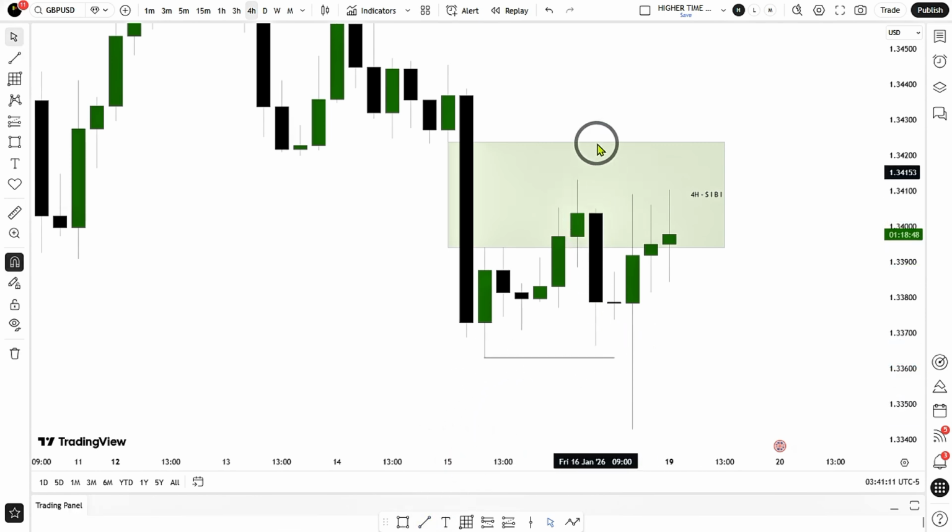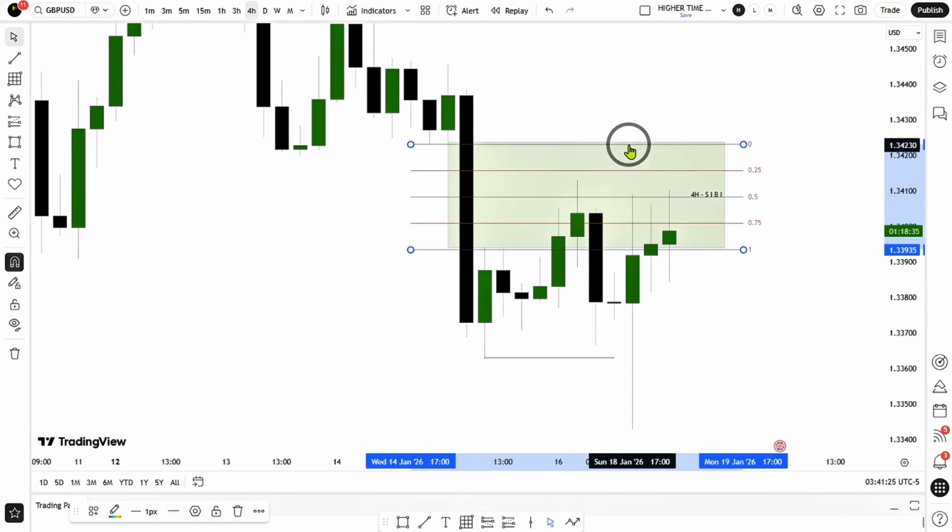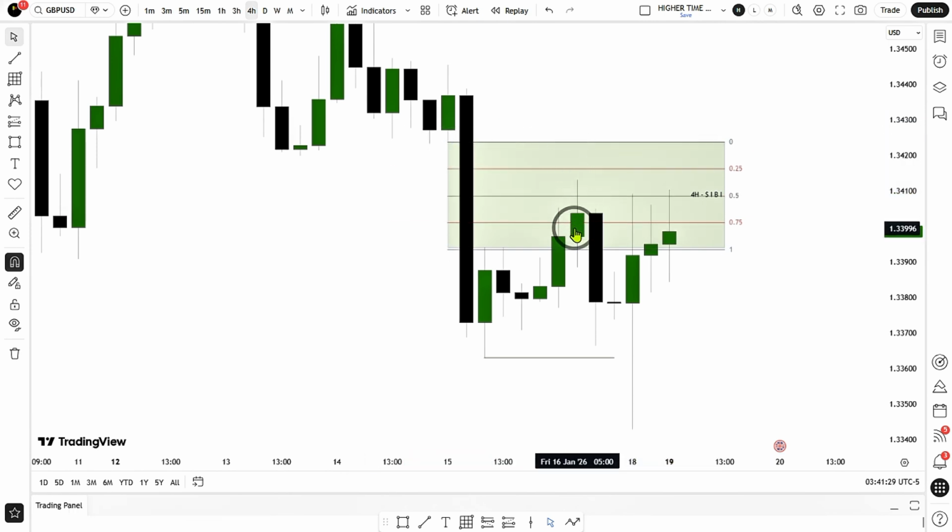Yes, this gap has been utilized already, but we didn't close it completely. And if you anchor your quadrants level, you'll find that the price is trading at the 50% of this fair value gap. This level is called consequent encroachment.